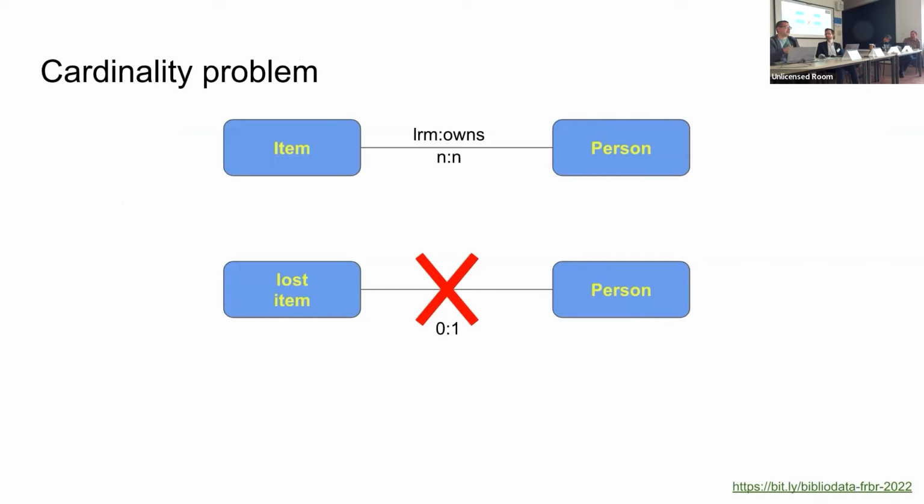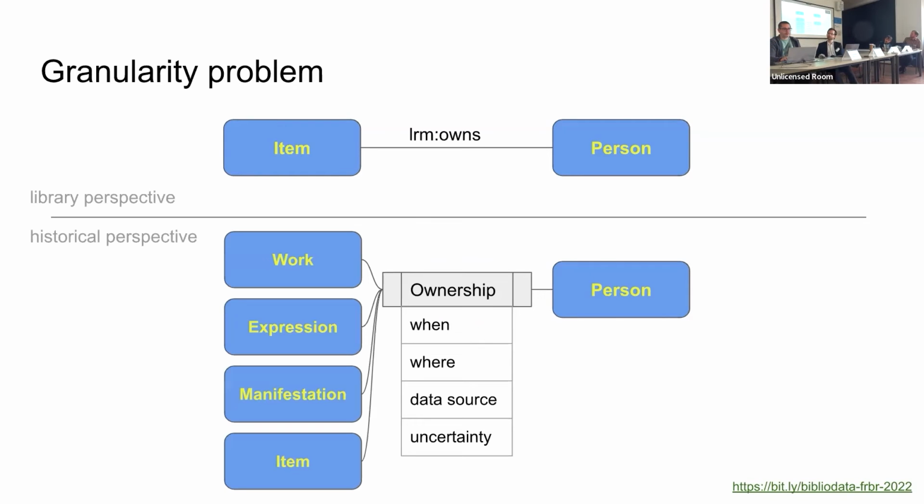Right now, they do not exist or are not in our hands. So, for example, we can assign that this book is owned by this person, but with the FRBR model or some of its variants, we cannot express that once this person had this book. Another problem is the granularity problem.